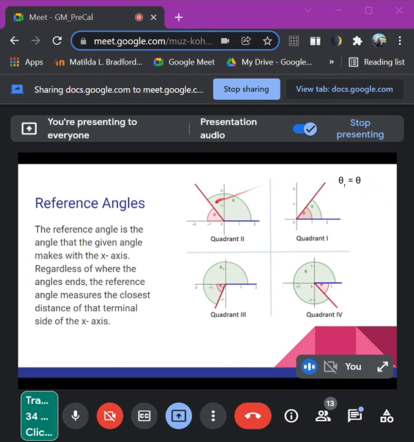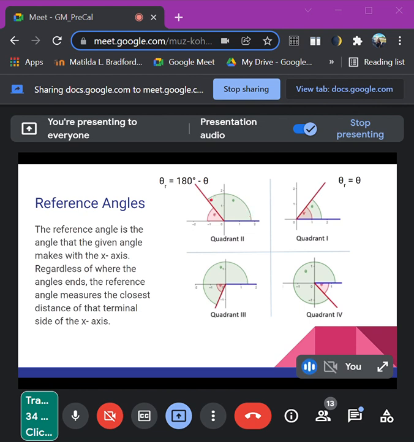Now here, for our quadrant 2, this is the given angle. This is the initial side and this is the terminal side. So, for the terminal side class, its reference angle in quadrant 2 is this one, the red one here. Okay? So, we can use the formula: reference angle is equal to 180 degrees minus theta. That theta class is your given angle.